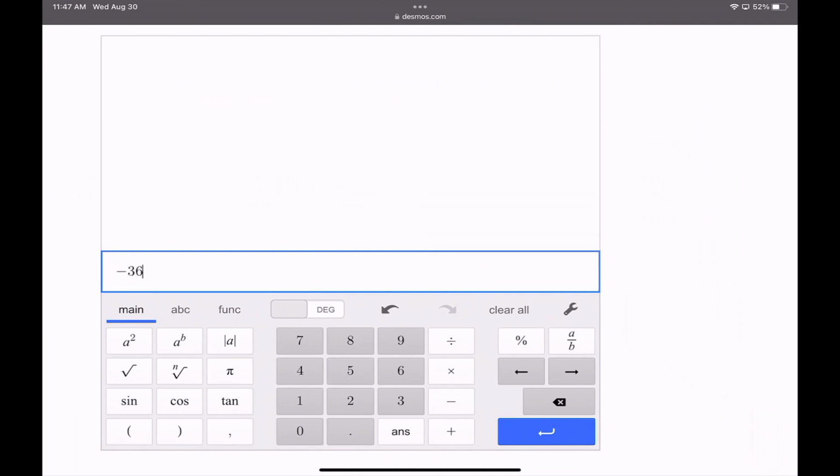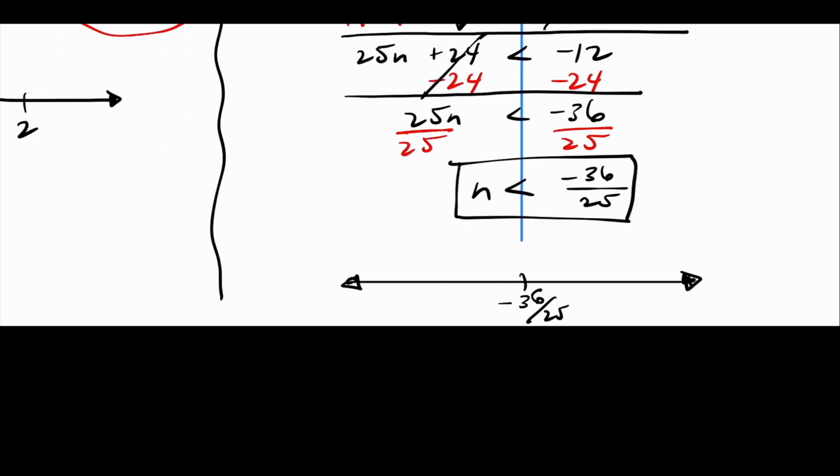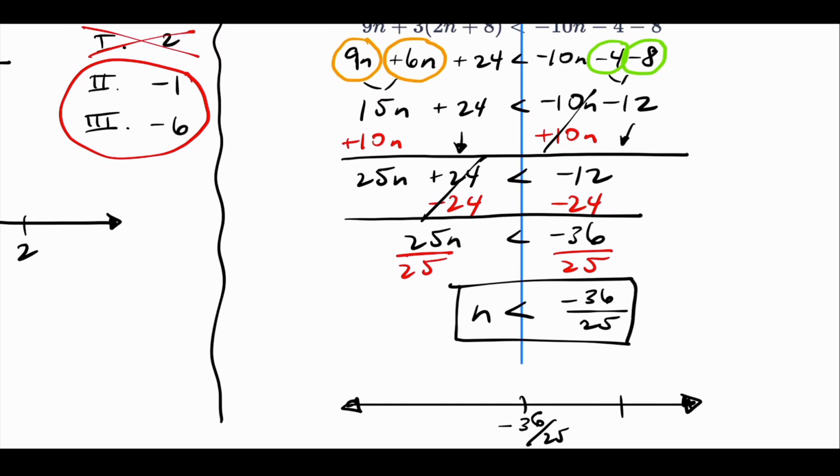Negative 36 divided by 25, negative 1.44. So what are the two numbers? What's the whole number that's less than that? Negative 1. What's the whole number that's on the other side? Negative 2. Negative 1 and negative 2. There you go.